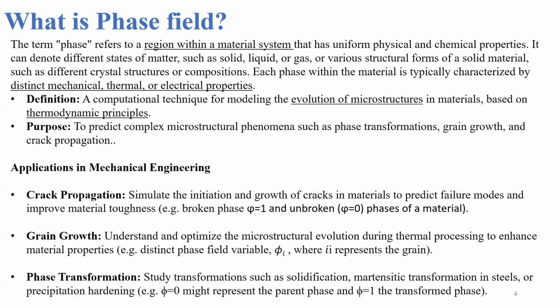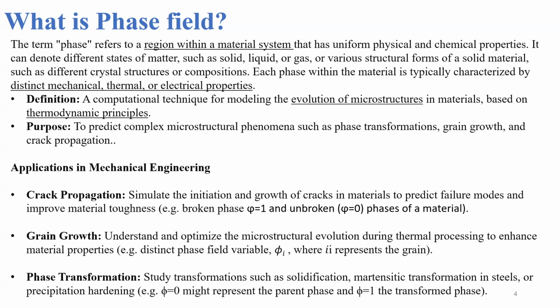Similarly, for grain growth, suppose a grain is being grown under some particular environment in experiments. In that case, we want to understand and optimize the microstructural evolution during thermal processing or growth to enhance the material properties. For example, a distinct phase field phi i with a particular grain can represent a particular grain growth phenomenon.